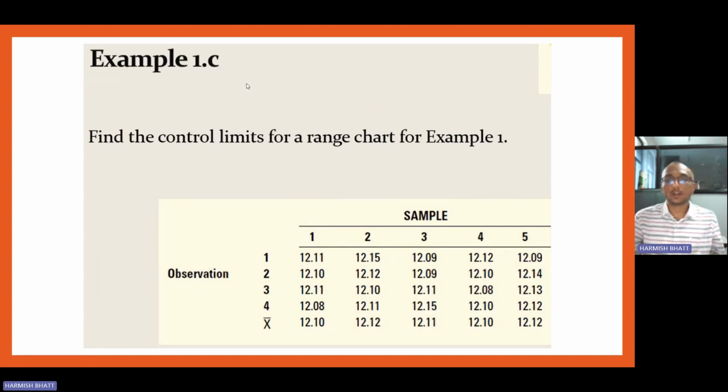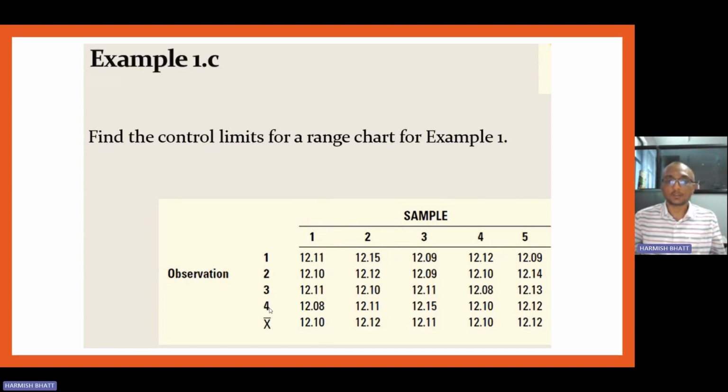Now, to better understand how to prepare the R chart, we have considered the same example over here. We need to find out the control limits for a range chart, for example 1 that we discussed earlier, and the data has been given to us over here. There were 5 samples and each sample has 4 items in it.